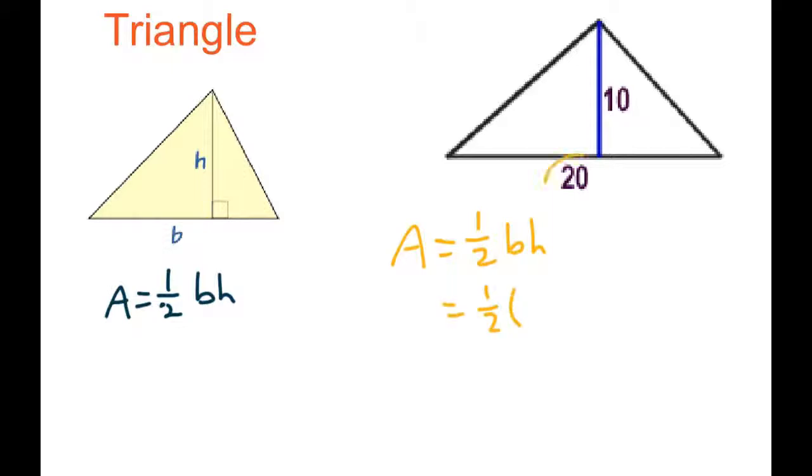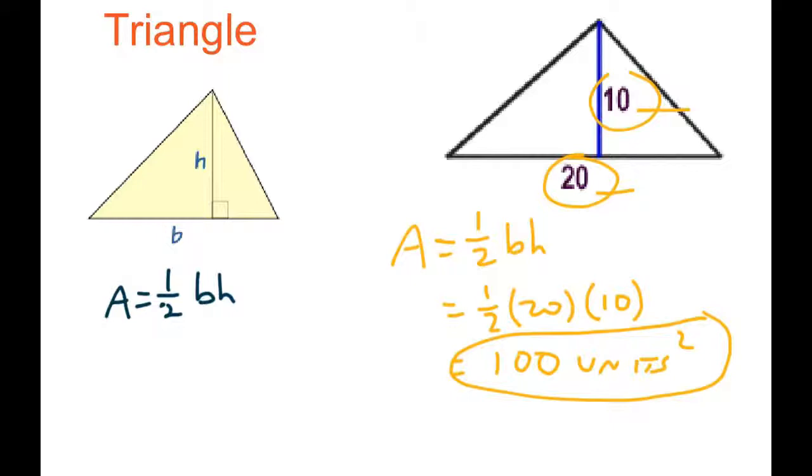The base, that's down here, 20, times the height, 10. Multiplying across, 1/2 times 20 is 10. 10 times 10 is 100. So we have an area of 100. Now there's no units of measure, so we can always say units squared.